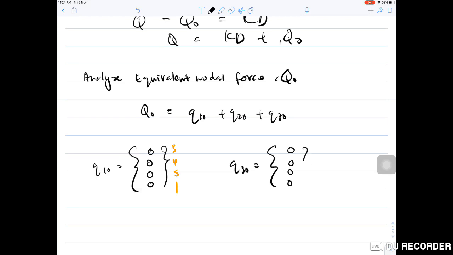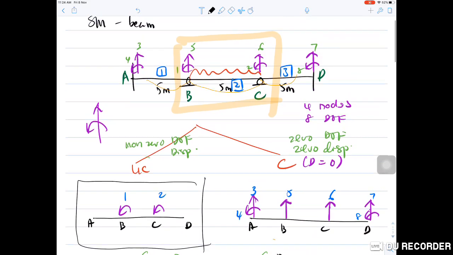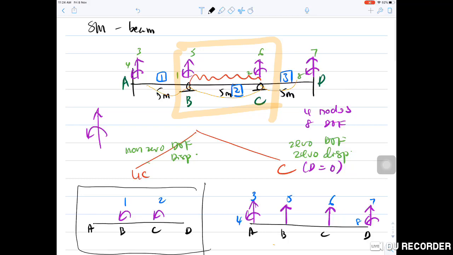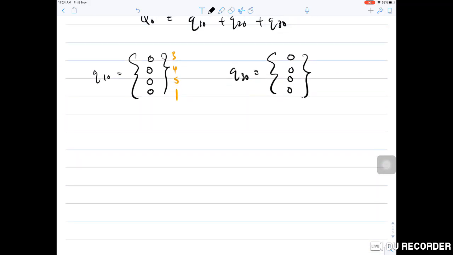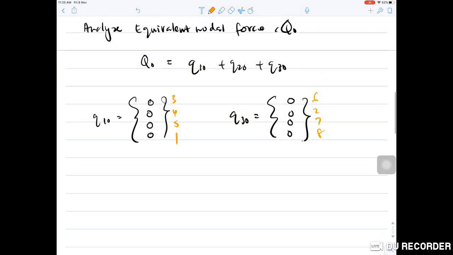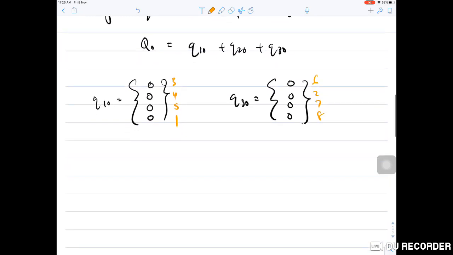The labels are 6 2 7 8. We always say the Y first followed by Z. But we need to calculate the Q2 naught because of the UDL.